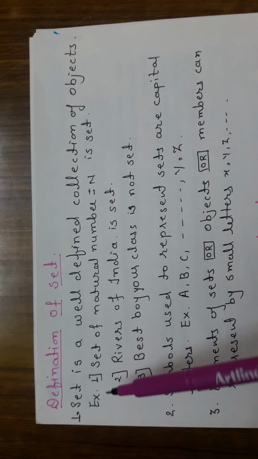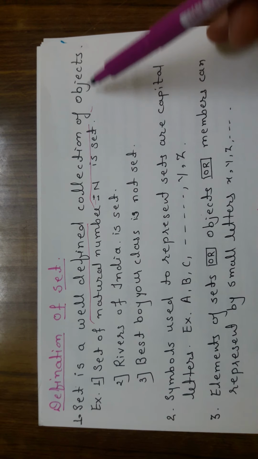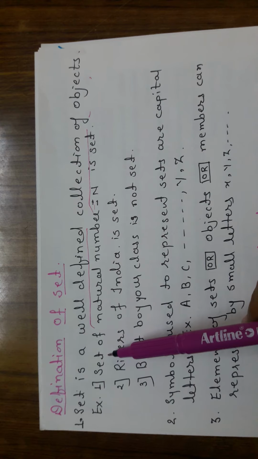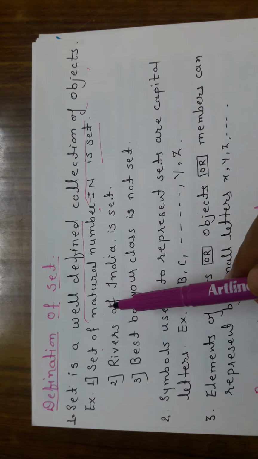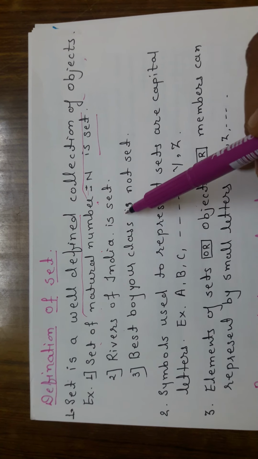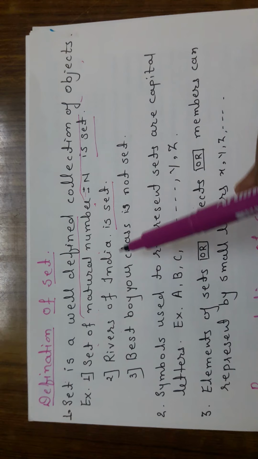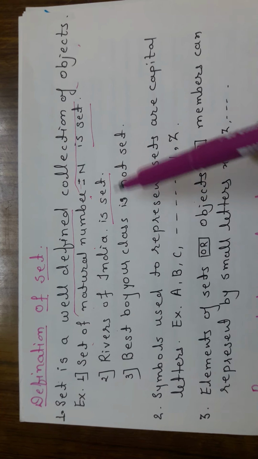Definition of a set. A set is a well-defined collection of objects. For example, the set of natural numbers is a set because here the natural numbers are mentioned. Second, rivers of India is also a set because whatever rivers are there in India, we can make the set.